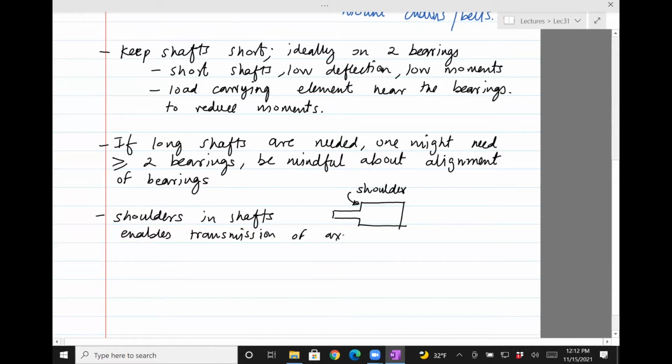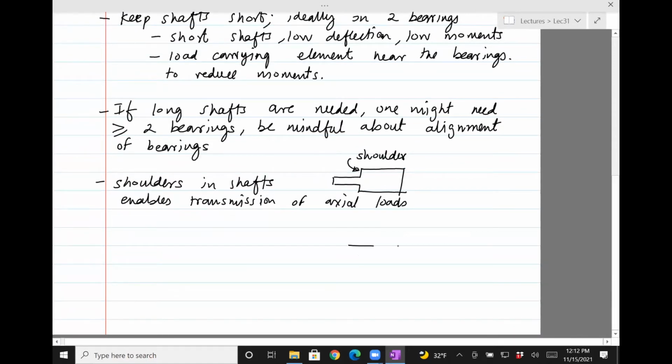of axial loads. Okay, what I mean by that is, imagine there's a shaft and we have a shoulder on the shaft.